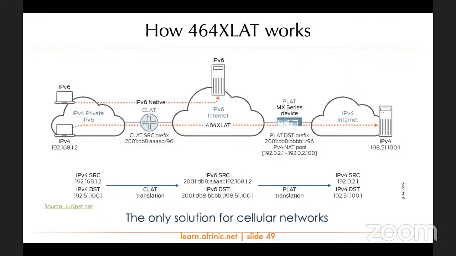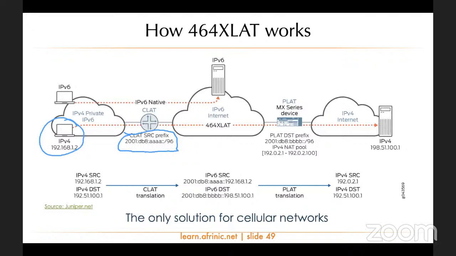So how does it work? You have this v4 only host over here, 192.168.1.2. As usual, even before these devices start communicating, provisioning should have been done beforehand. By provisioning, we need to have the client-side v6 prefix provisioned on the CPE, and in this case it's a /96.